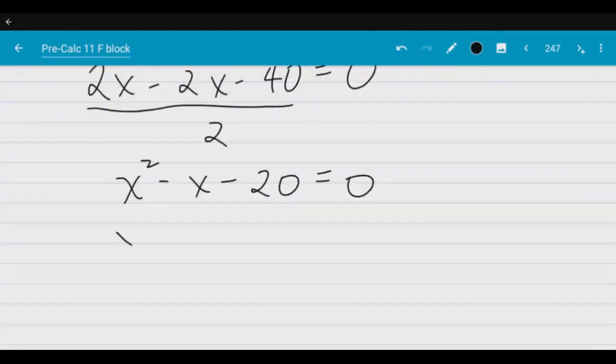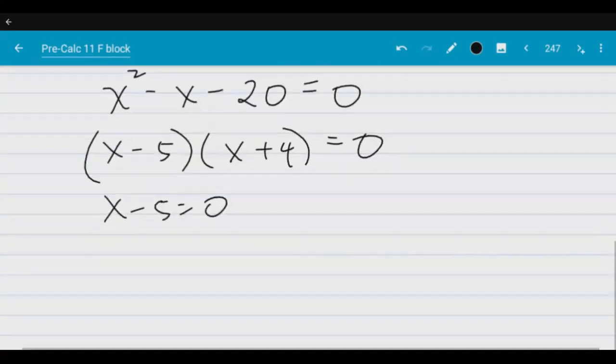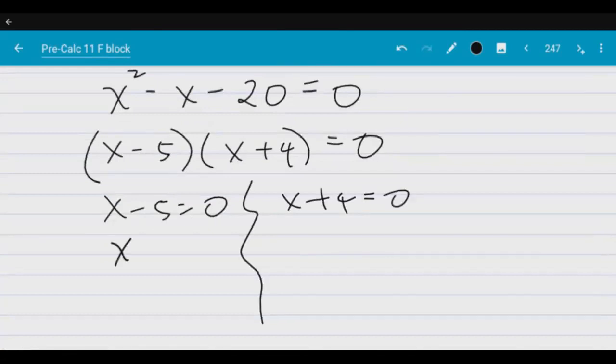I think that's factorable. That would be x minus 5, x plus 4 is equal to 0. Meaning x minus 5 equals 0 is one solution, and x plus 4 equals 0 is another solution, or x is 5, and x is equal to negative 4.